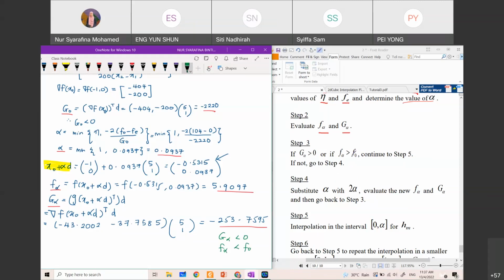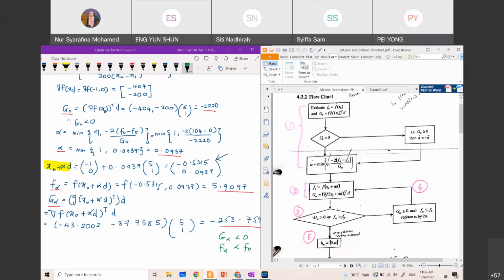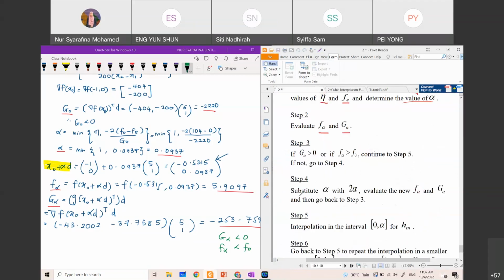If it is greater, then we can proceed with step 5. If not, go to step 4. In step 4, if it is less than, replace alpha by 2 alpha: substitute alpha with 2 alpha, evaluate new f alpha and g alpha, and then go back.